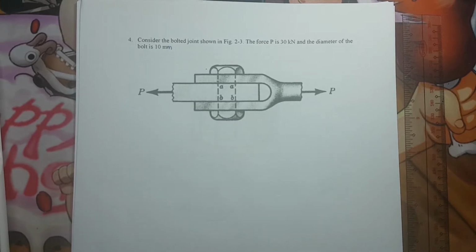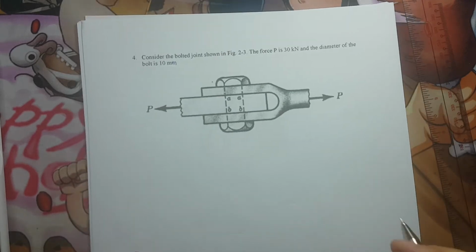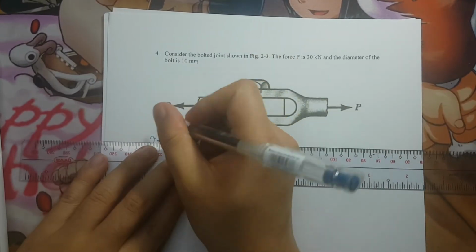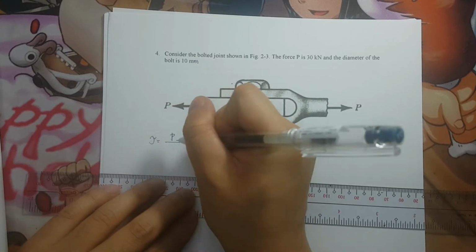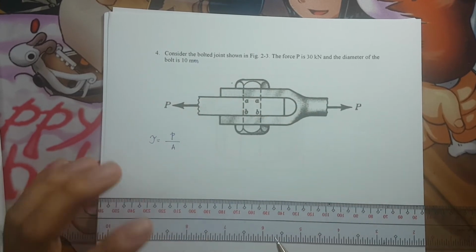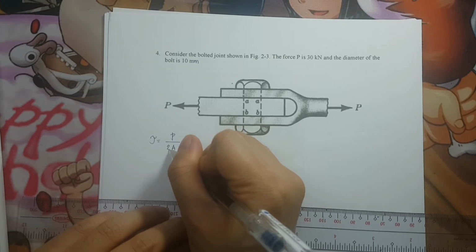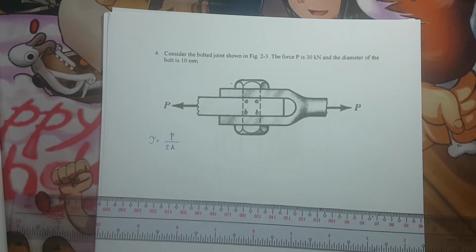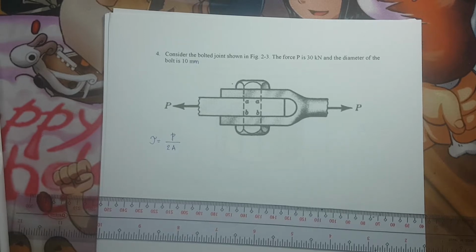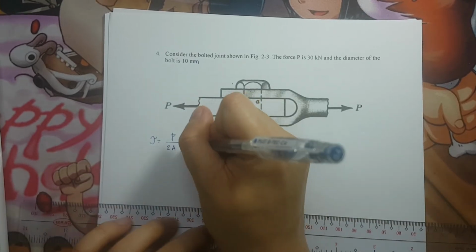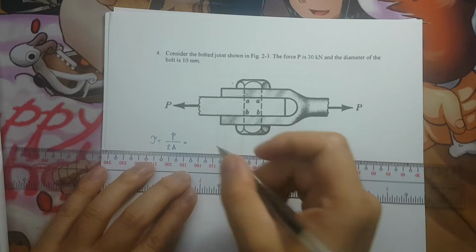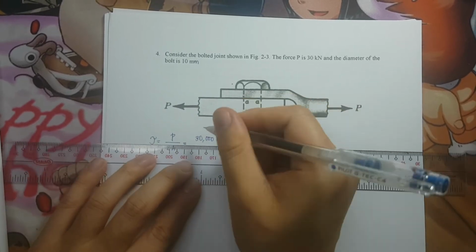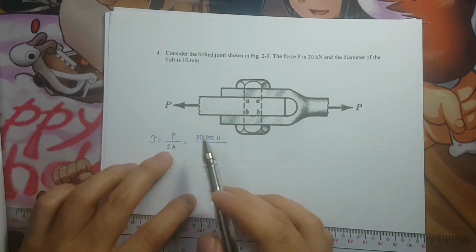So therefore, the equation that we're going to use is 1/2 of the shear. Okay, so shear stress is equivalent to P over A, but take note it is 1/2, so we will place 2 at the denominator. So we simply have 30. What is our force P? That is 30,000 newtons divided by what is the area.